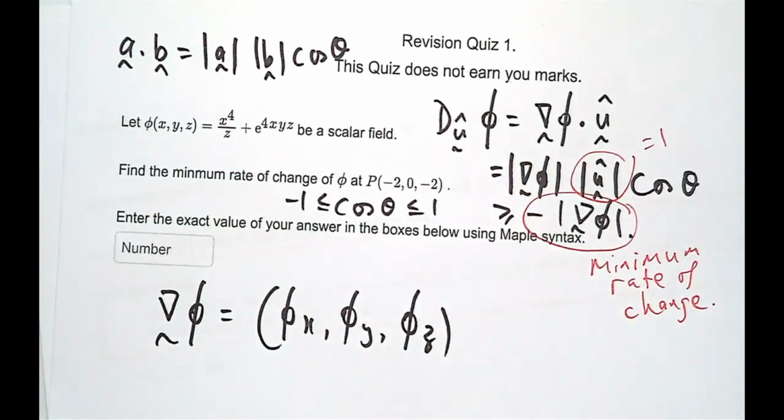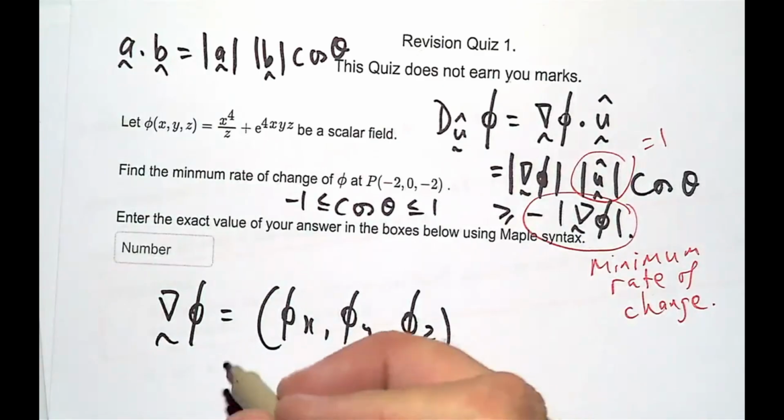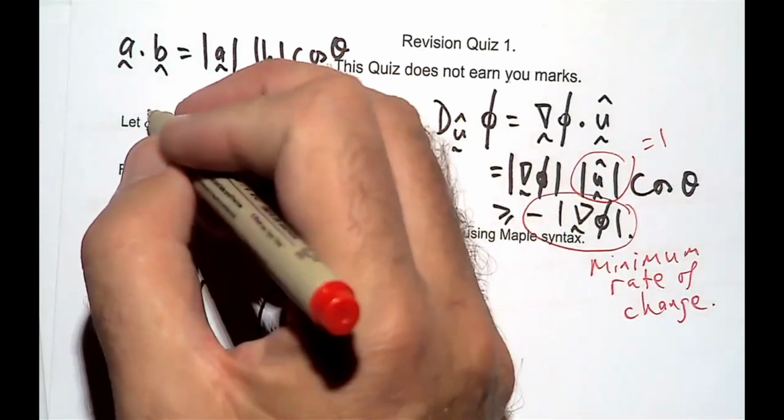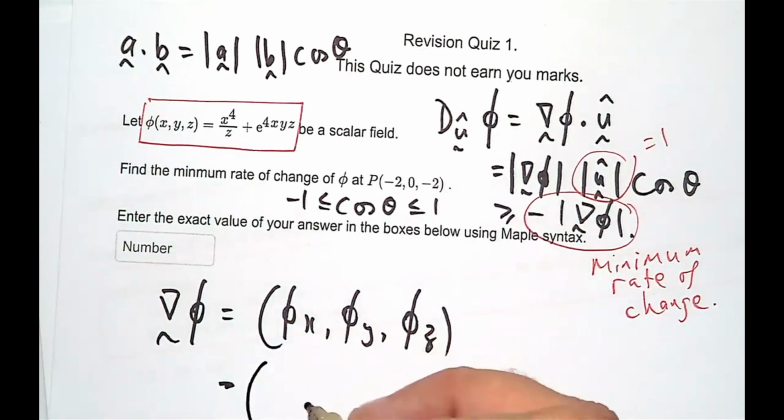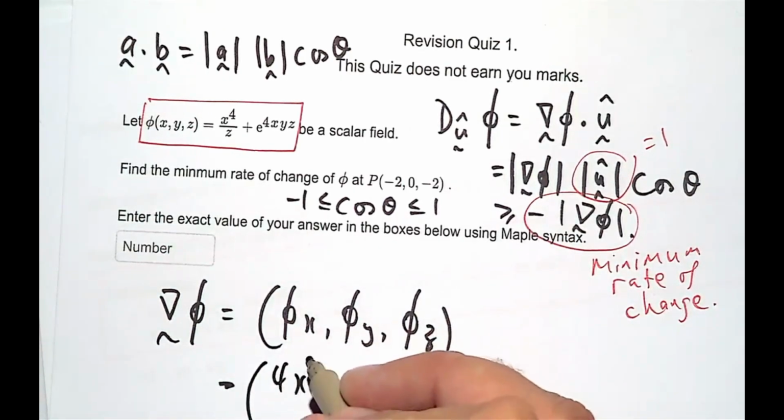I'm not going to write out i's, j's and k's. So we go up here, we differentiate that with respect to x, y, and z and write it as a vector. It takes a little bit of time, but that's not the point of this question.